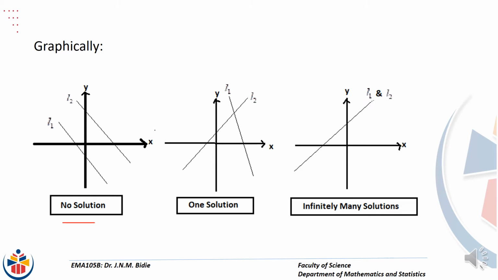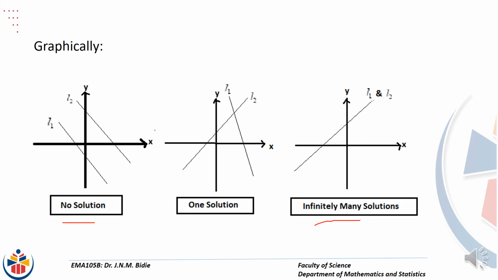Then the second graph gives us one solution because there is only one point of intersection between the two lines. For infinitely many solutions, line 1 and line 2 are represented by the same equation, so you draw them on one straight line. Then the points of intersection between the two lines are many. That is why it has infinitely many solutions.